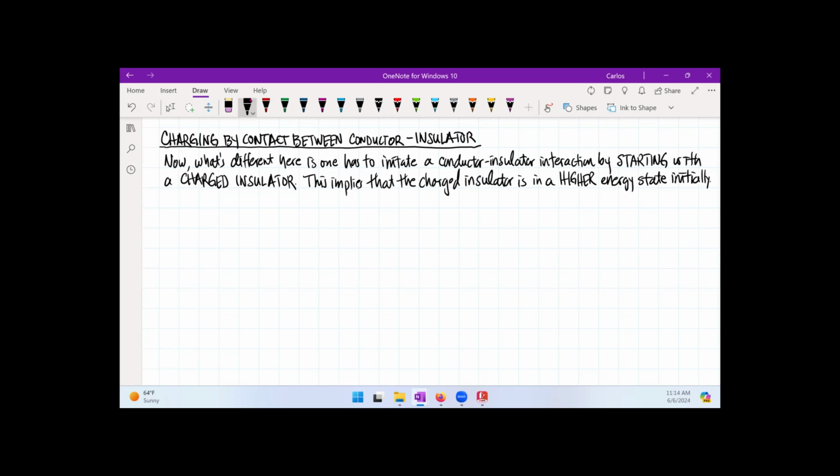So what I'm thinking here is something like this. I have an uncharged insulator. When I'm looking at this, I have a series of potentials, and then I have my forbidden regions.